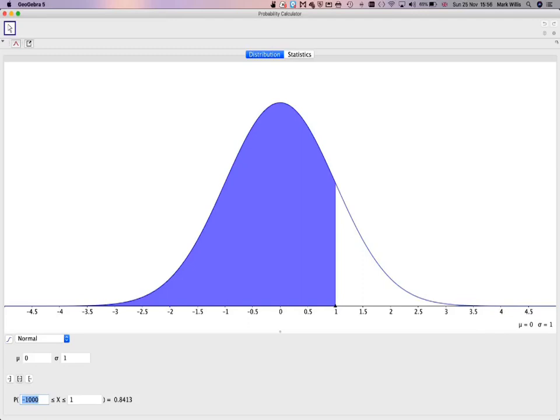Right, so in order to do that, now you need to put in a lower value on your calculator, but on this you could get away without doing that, but we'll just look at it so it's like the calculator. So you need to put in a value here, so just put in a very low number for minus infinity, because this curve goes off here. So something like minus 1,000 for the lower value, and the upper value I'm going to put to be 1.2. And that gives me a probability of 0.8849.